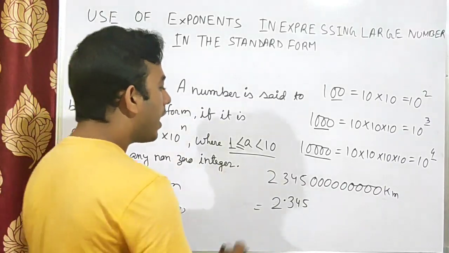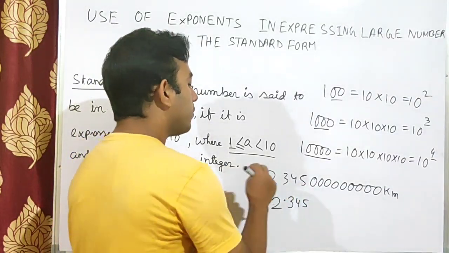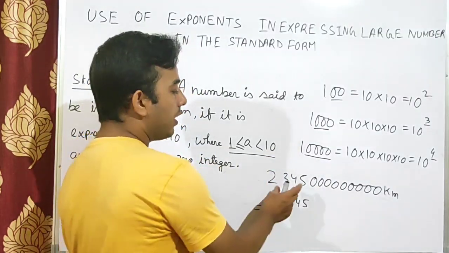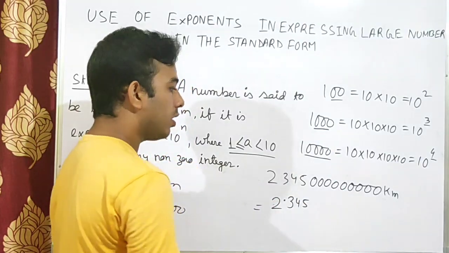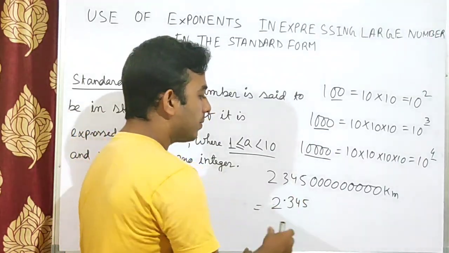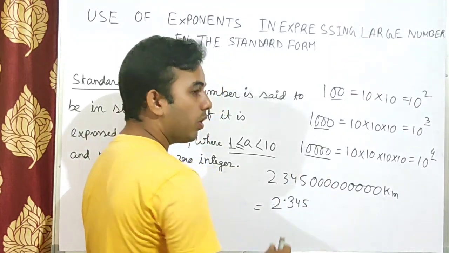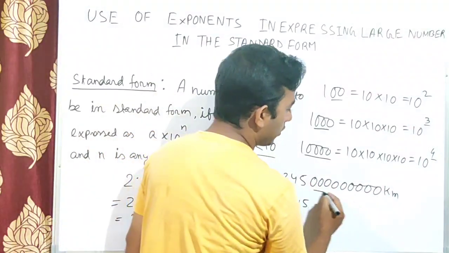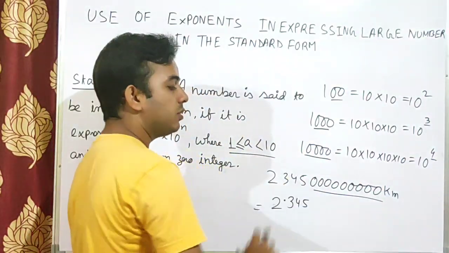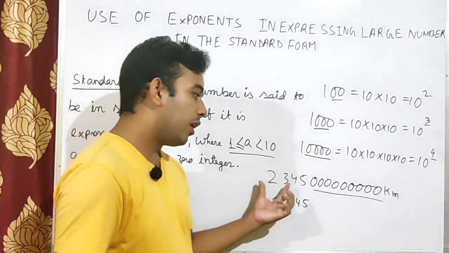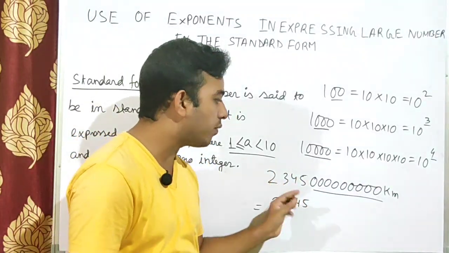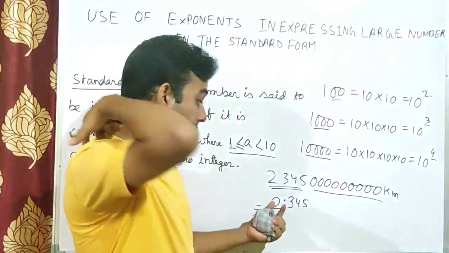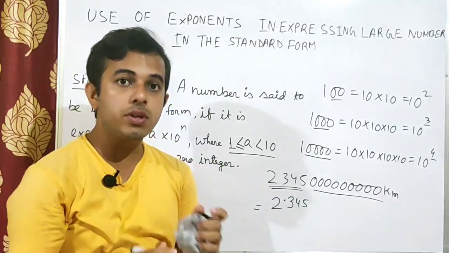Now look here, I am not removing the decimal, rather I am introducing the decimal. There is no decimal, but here I have given a decimal. So for removing the decimal, which number do I have to multiply with? Let us forget this part and consider this. The actual number is 2345, but as I have given a decimal, this value has changed, right?